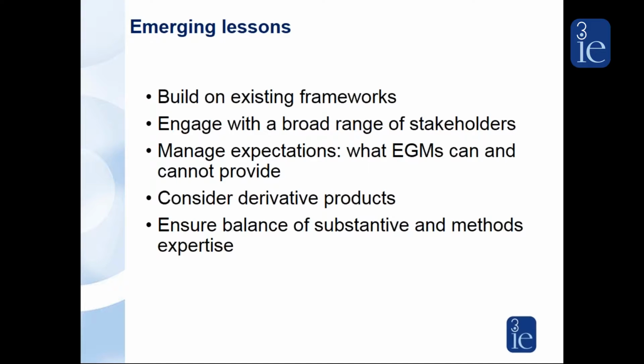Often there will be existing terminology or intervention typologies in the academic literature or the policy literature. As far as possible, it's useful to build on those existing frameworks, because it helps ensure that the evidence gap map resonates with a broader range of stakeholders.